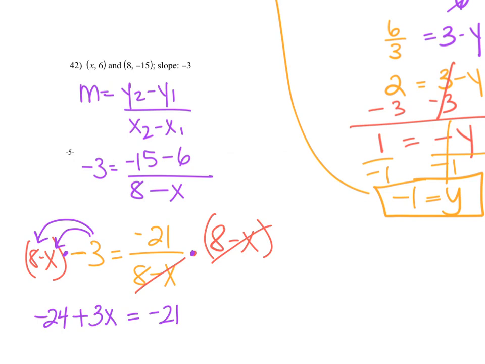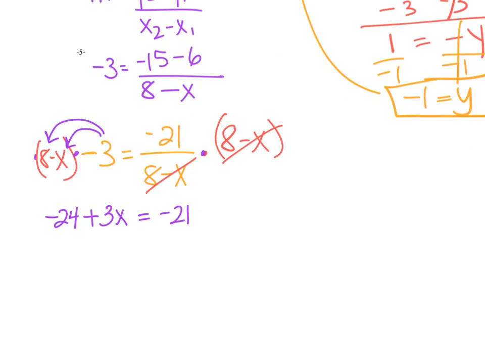Now if you didn't want to do this, you could always, I'll show you in a second, have cross multiplied, but let's continue this problem. So now it looks easy. I'm going to add 24 to both sides. So I get 3 equals 3x, so x equals 1.